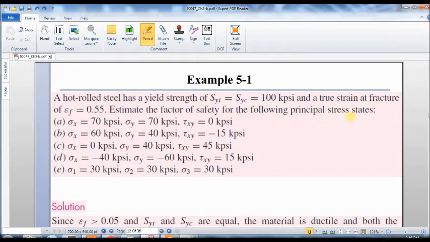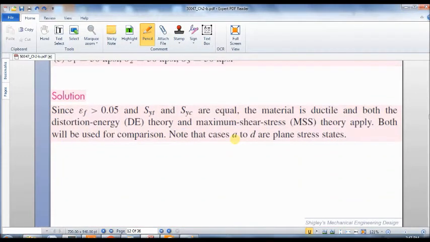In part A, we have this state of stress. The axial stress in the x direction is 70 kpsi, in the y direction again 70 kpsi, and the shear stress equals 0.